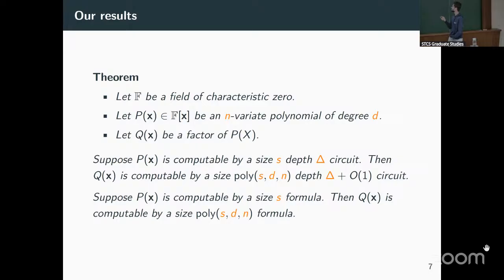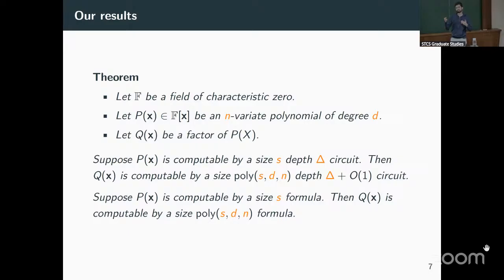Okay, so now I'll prove this theorem, or a special case of it. You can think of algebraic branching programs, for example. One naive way you can represent polynomials is by their monomial representation, sparsity.